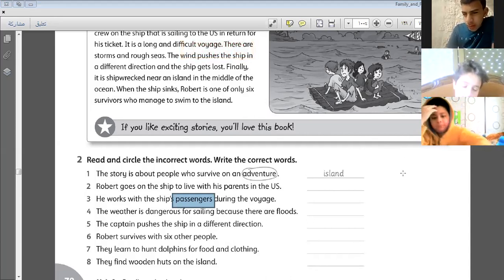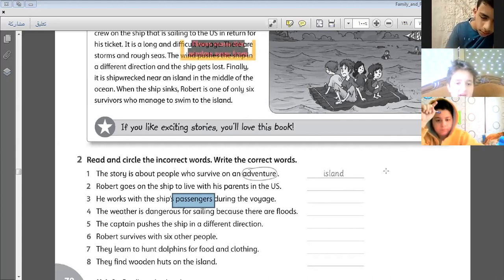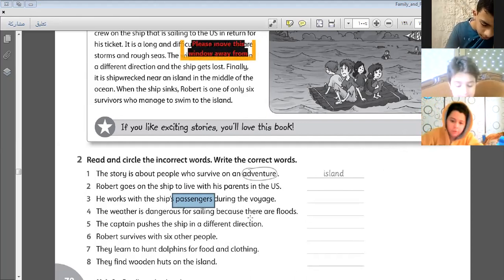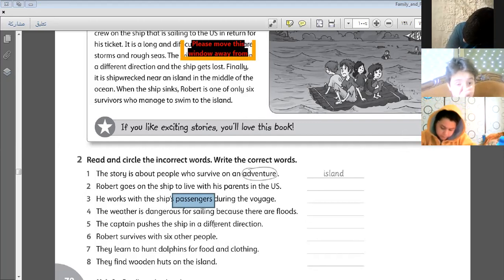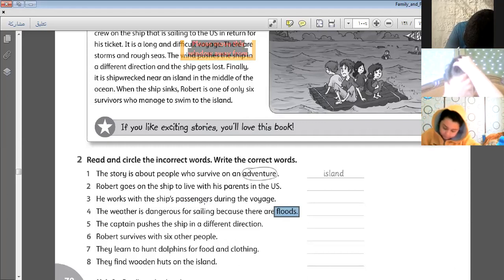Now number 4. Yes, please. Yes, teacher. Number 4. The weather is dangerous for sailing because there are floods. Teacher, we replace floods with storms. So number 4, we replace floods with storm.